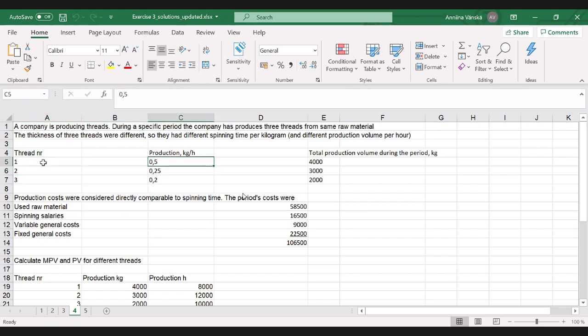Here's the production, how much they're producing within 1 hour, and then the total production volume during the period, let's say November. This is in kilos. Some cost information, and then the task was to calculate the minimum production value and production value for these 3 threads.